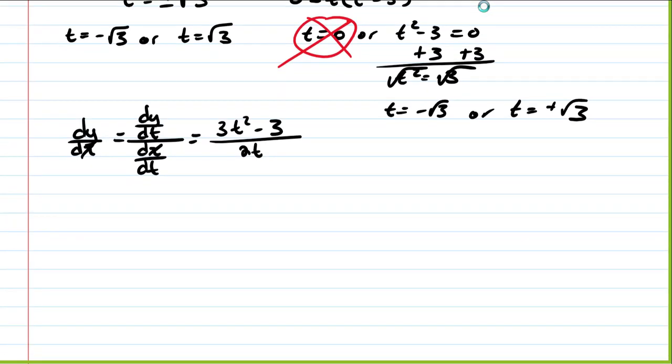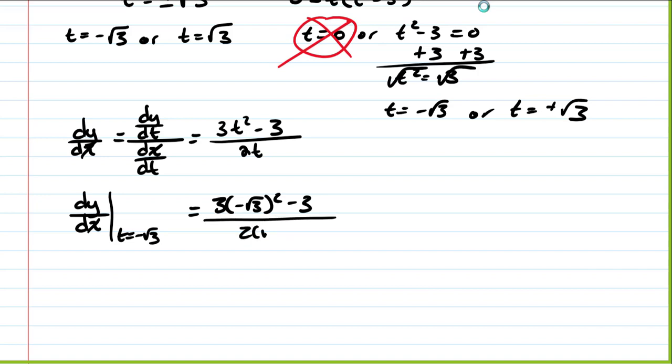So then at each of those parameters, dy/dx evaluated at t equals negative root 3 is 3 times the negative square root of 3 squared minus 3, all over 2 times the negative square root of 3, which gives us negative square root of 3 squared is 3. 3 times 3 is 9. 9 take away 3 is 6, over negative 2 square roots of 3.